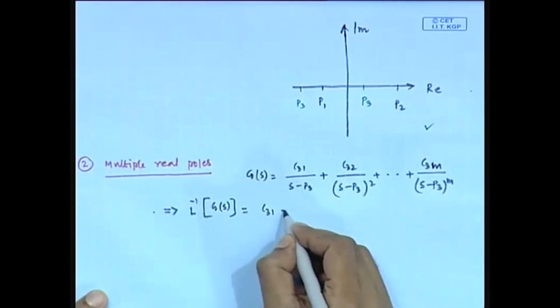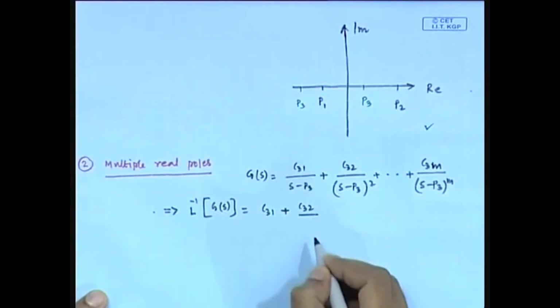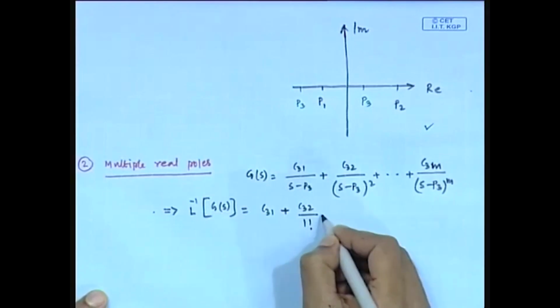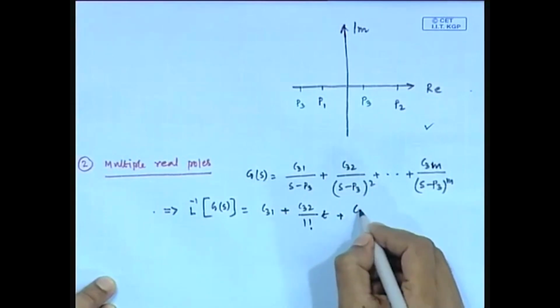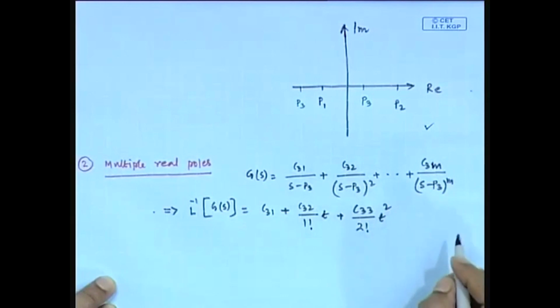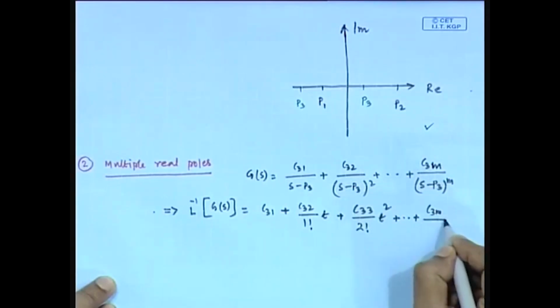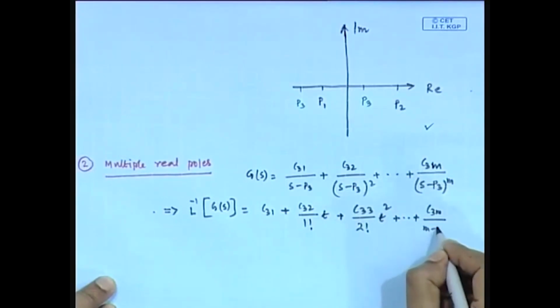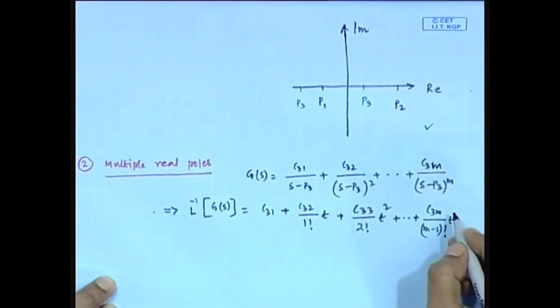C31 plus C32 divided by factorial 1 multiplied by t, plus C33 divided by factorial 2 multiplied by t square, like this, up to C3m divided by factorial (m - 1) multiplied by t to the power m - 1.